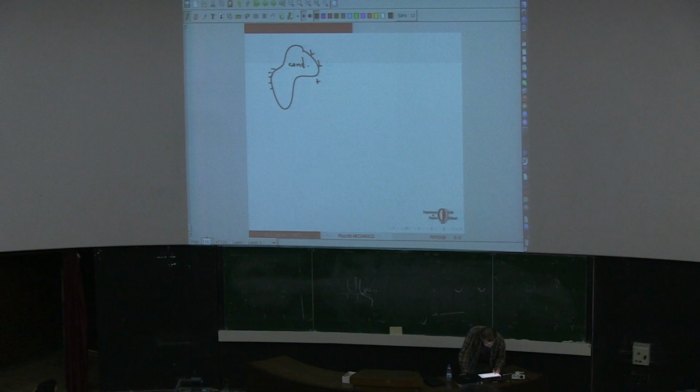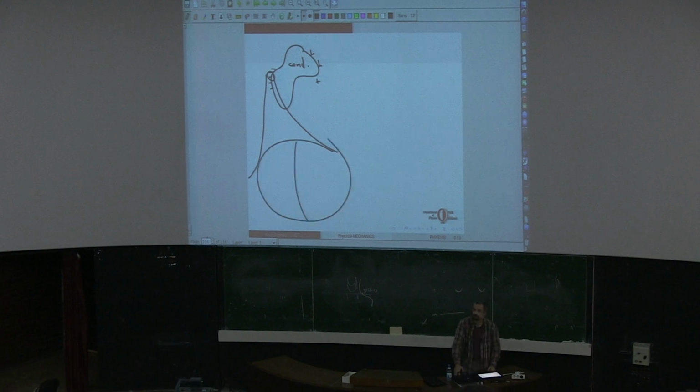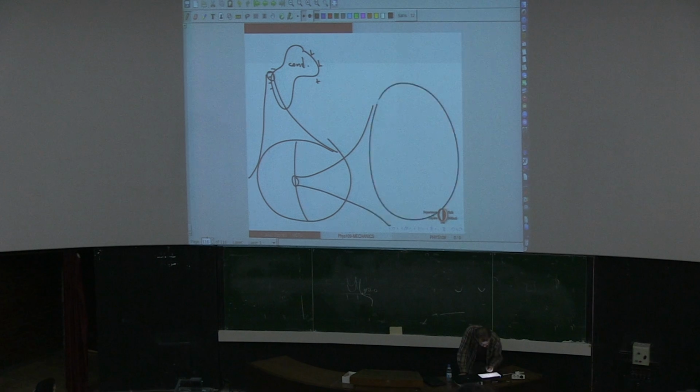Now let's look at this part, and let me enlarge it. It looks something like this. Let me take this part, and let me enlarge it even further. It is like this.